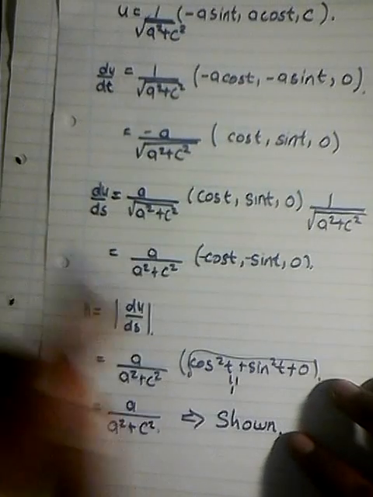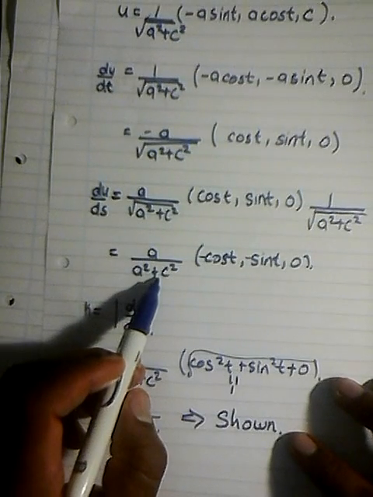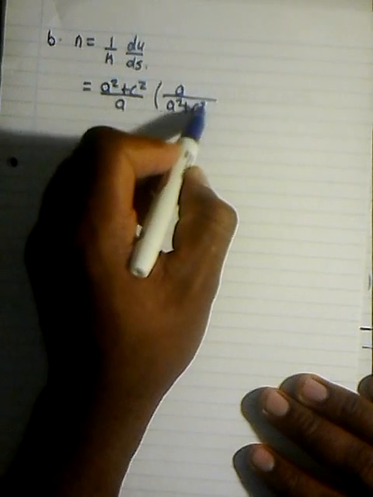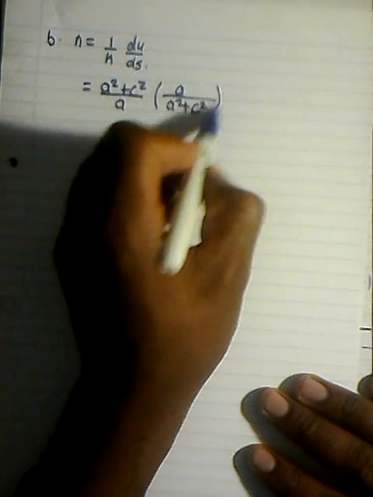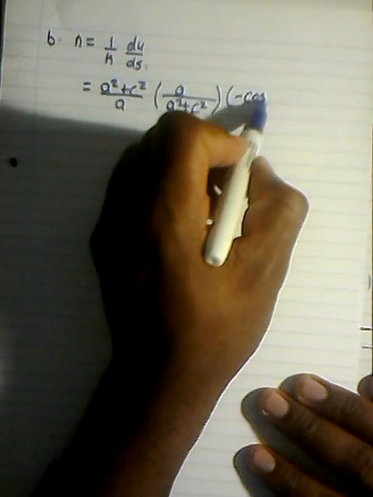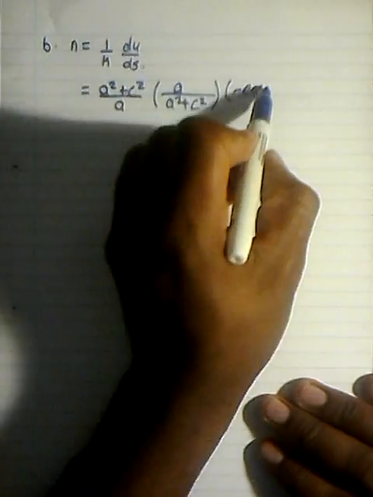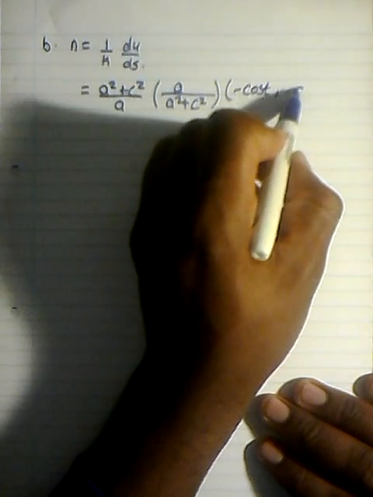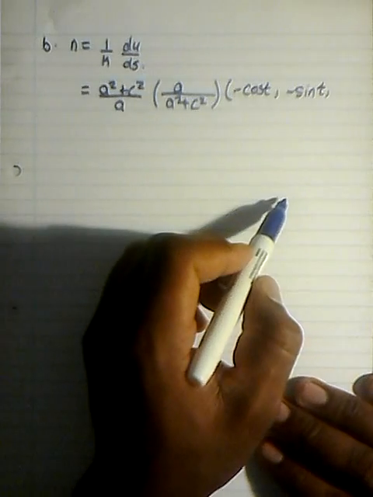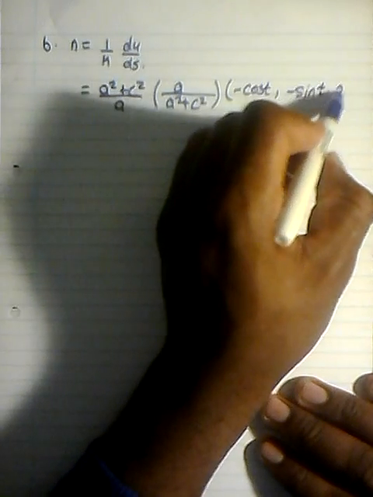Our du ds is this thing here, a over a squared plus c squared multiplied by minus cos t, minus sin t, and 0.